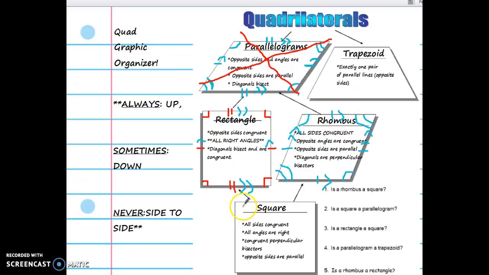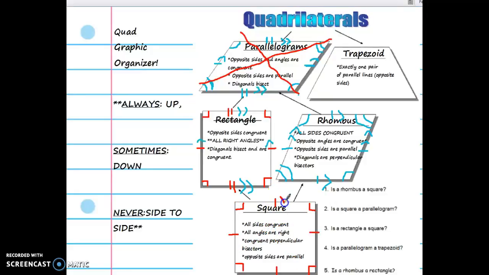So with the square, 4 right angles, that's the same as a rectangle. We have all sides congruent. If you drew your bisectors, diagonals, they'd form the congruent perpendicular bisectors.